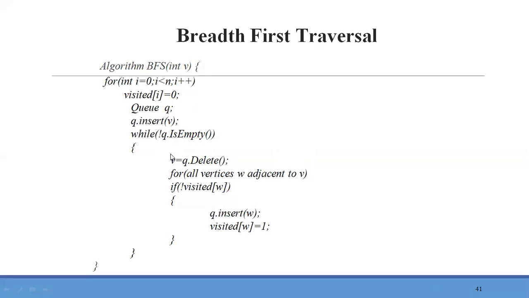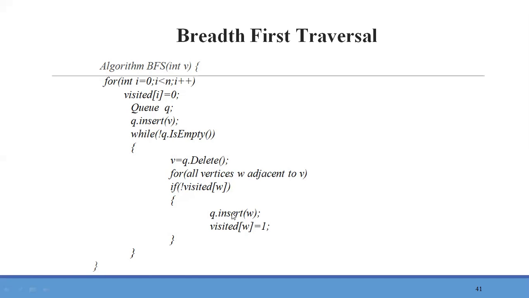So that starting vertex now will be dequeued or deleted from the queue, and that also means that the vertex is now visited. And for all the vertices w which are adjacent to the vertex v, we will check if that vertex is not visited, we will add that into the queue.